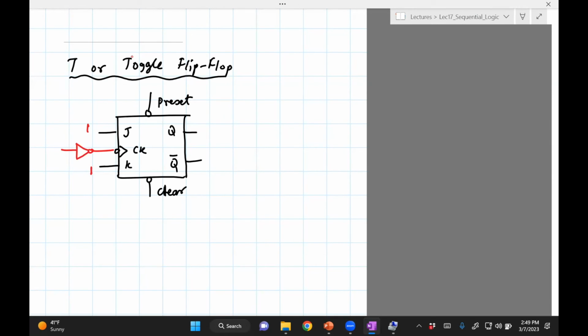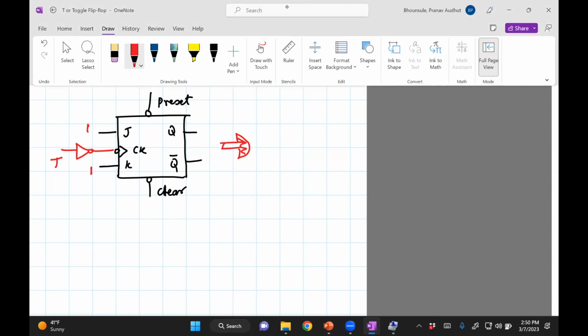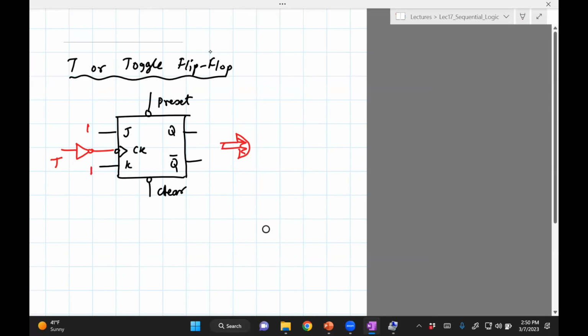So 3 things we did. We put J equals 1, K equals 1, and put a toggle with an inverter. So what does this boil down to? It boils down to the following diagram. You wouldn't draw it this fashion. You draw the toggle flip-flop something like this: Q, Q bar, and then the toggle.